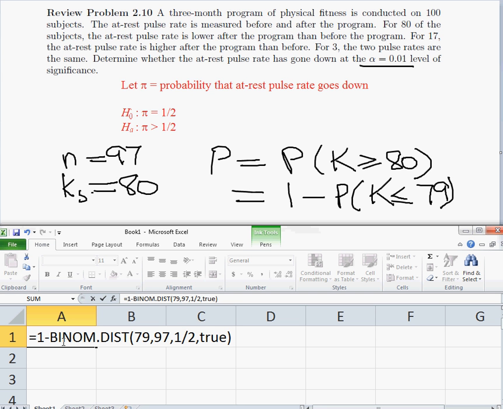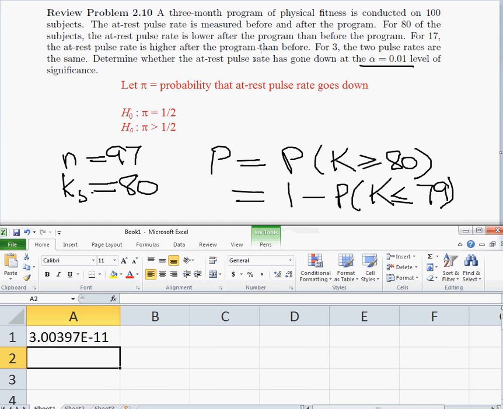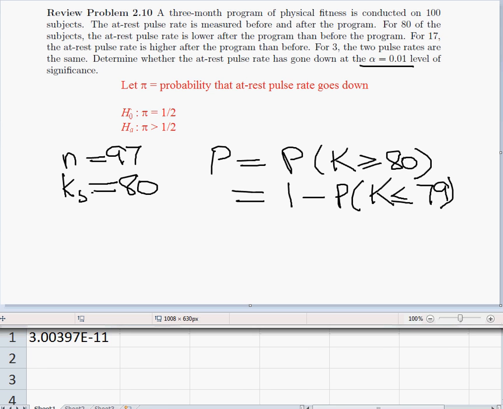A third possibility, which is not required, but it is certainly a possibility, would be using the bell curve to approximate this probability. And I get a very small number, 3.039 times 10 to the minus 11th. That number is significantly smaller than 1%.